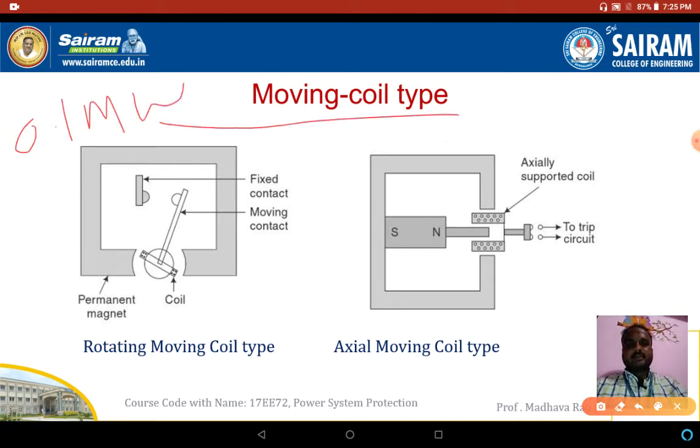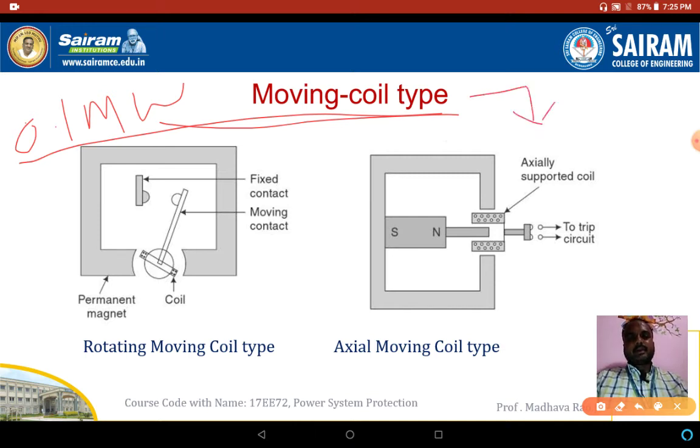The VA burden, the volt-ampere burden, of moving coil relays is very small. So these relays are used as slave relays with rectifier bridge comparators. These are the moving coil type relays.